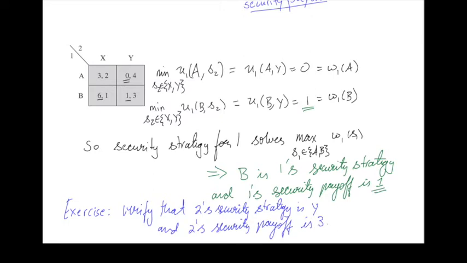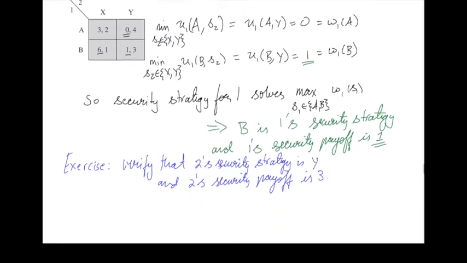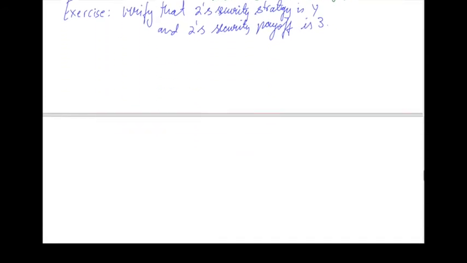In defining player I's security strategy, we've restricted attention to pure strategies. Now let's think of the situation where player I might be able to play mixed strategies as well. Player J is still out to get player I, but player I now, instead of only looking at pure strategies, looks at even mixed strategies.